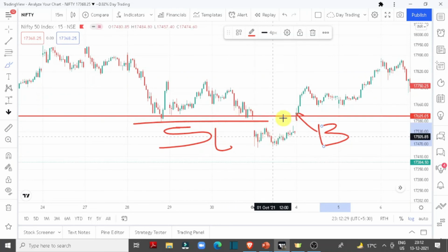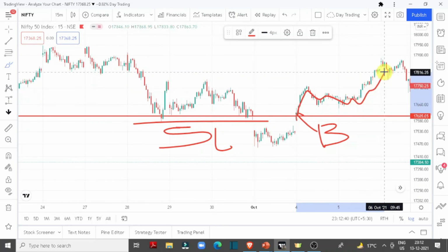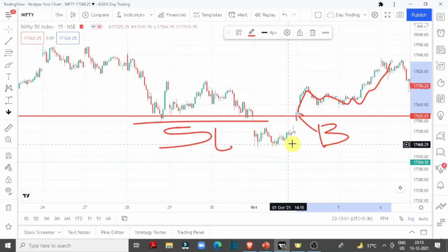So it came back above this breakout level and it was taking support a lot of times. So we should have initiated a buy position over there, and if we had done that, then we would have made a lot of profit. So that's how you can do trading. Once your stop loss gets hit due to a fake breakout or a specialist breakout, you should enter again after you feel that there is a buying opportunity. I hope this is clear to you.